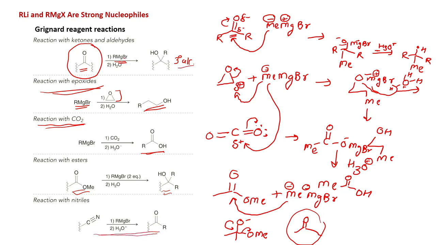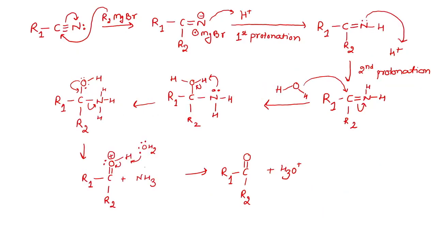And the reaction with nitrile will give you a ketone, and the mechanism I have shown you here. Nitrogen will withdraw electrons, then this R2 will react here and give you your product first, and then further protonation. First protonation happens, second protonation happens, and this process will continue, with loss of ammonia gas and finally your ketone.